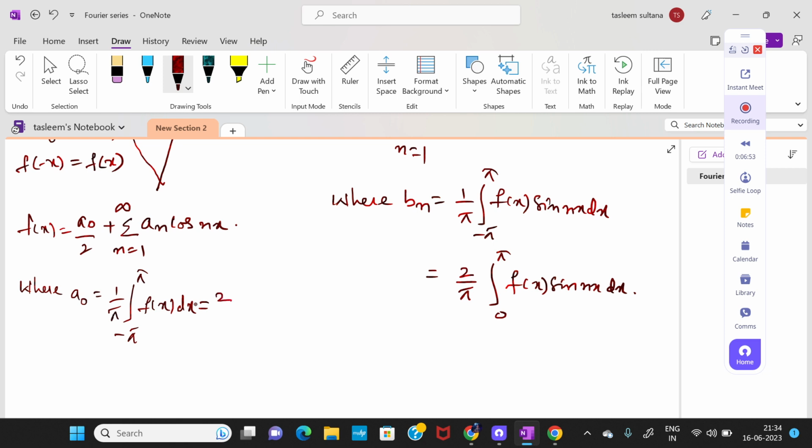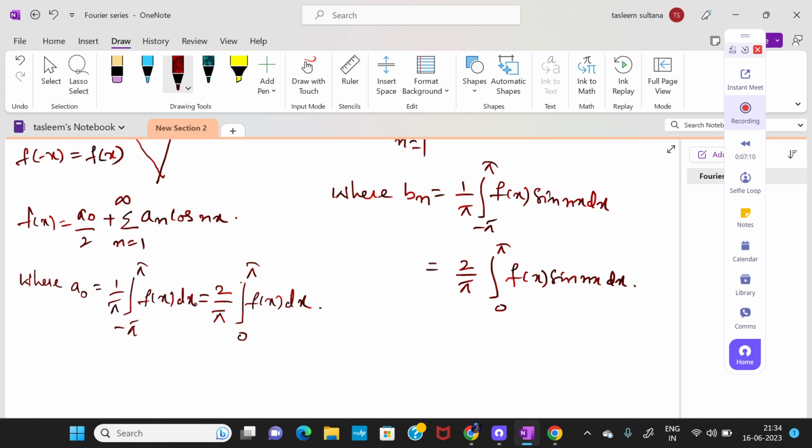This will get changed to 2 by pi because the function is even, so we use that property of minus a to a. When the limits are in the opposite direction, it will get changed to 2 by pi integrating 0 to pi f of x into dx.